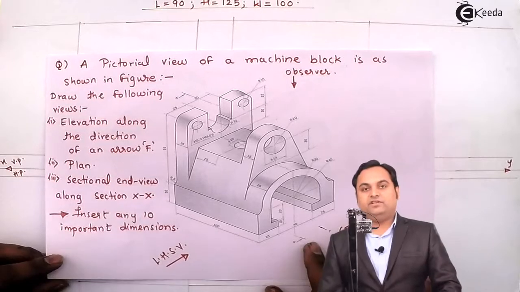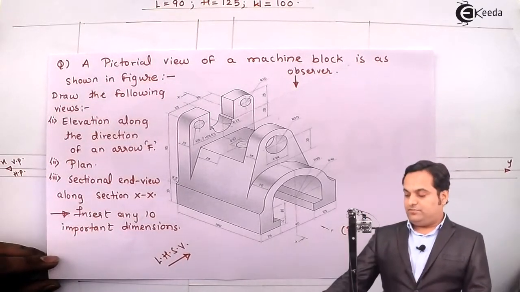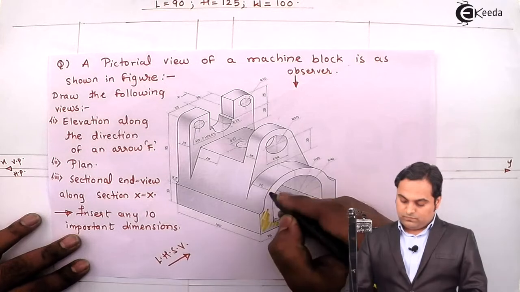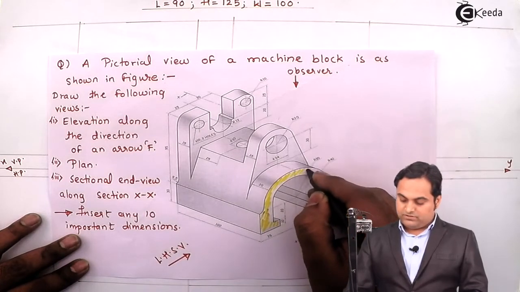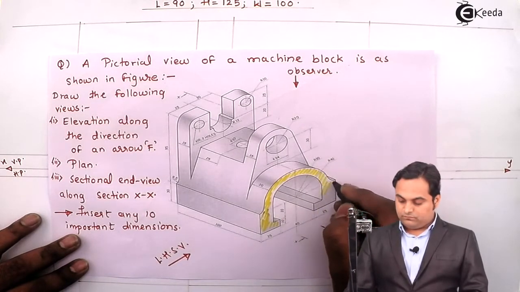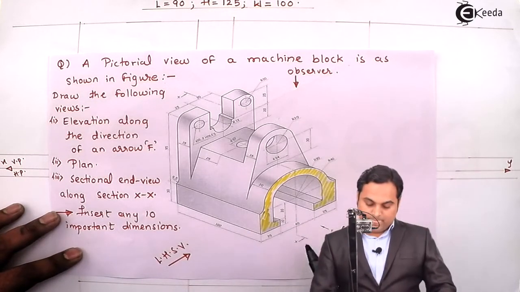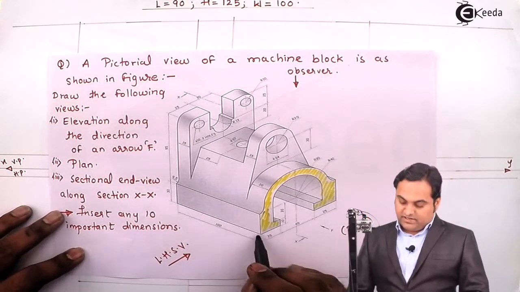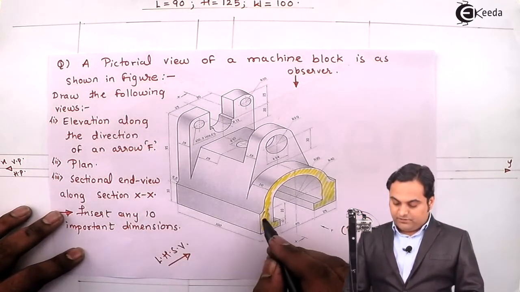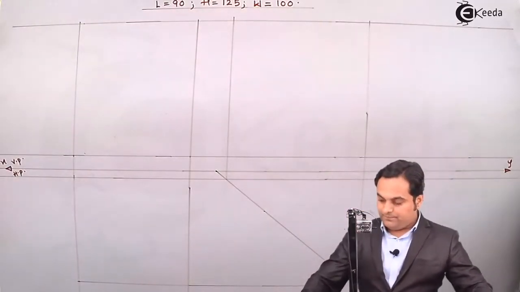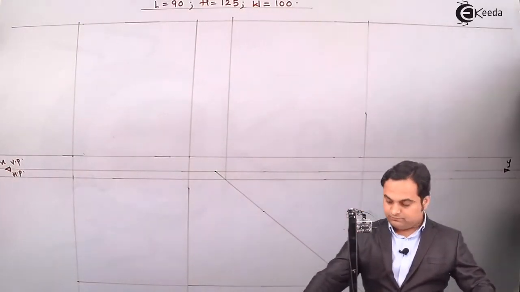Looking along F direction, the first thing which is visible is this surface. Now I'll be drawing this surface here. This has a height of 30 mm from here up till here, similarly onto the other side. So first I'll mark 30 mm on both sides.